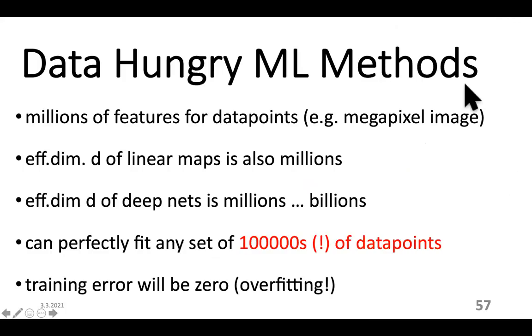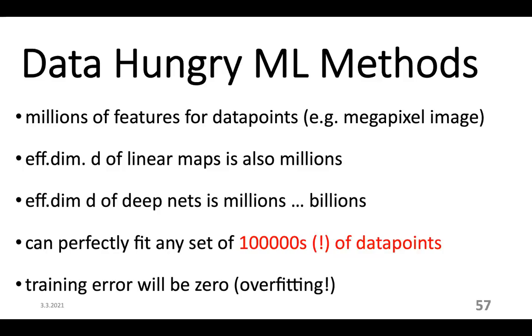Yeah, and the point is that the effective dimension of the models used in modern machine learning is very large. As I said, the effective dimension of linear maps is the number of features, and it's not uncommon to use millions of raw features. So the dimension here is millions.